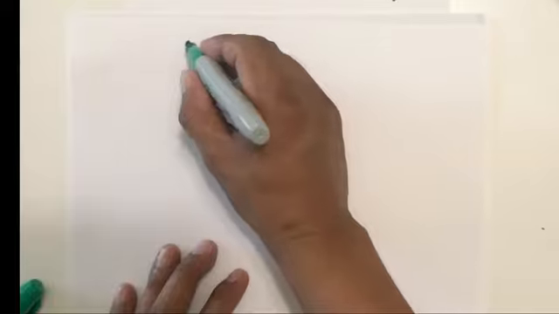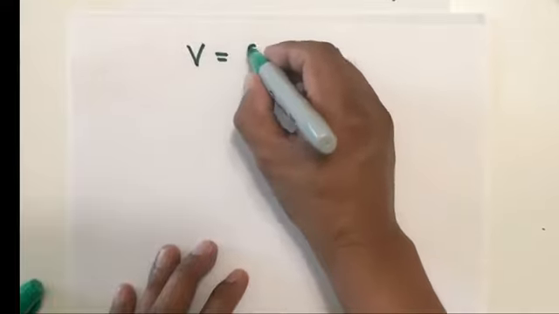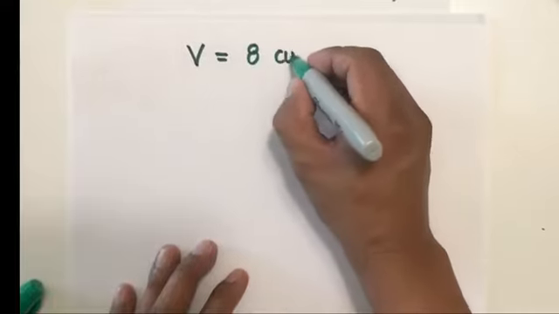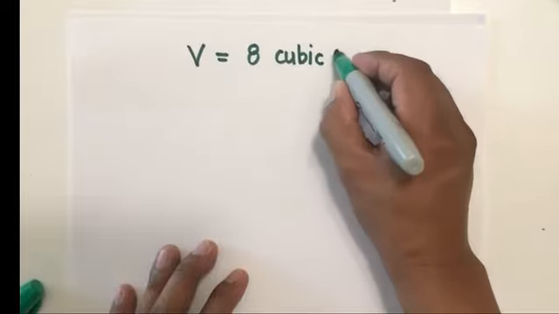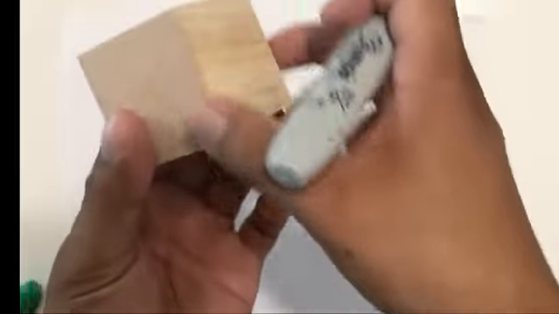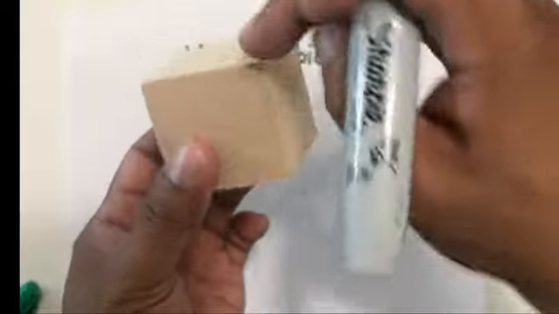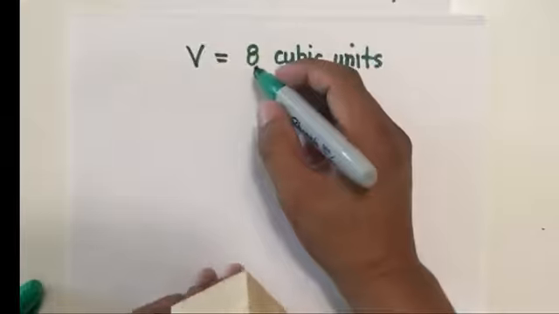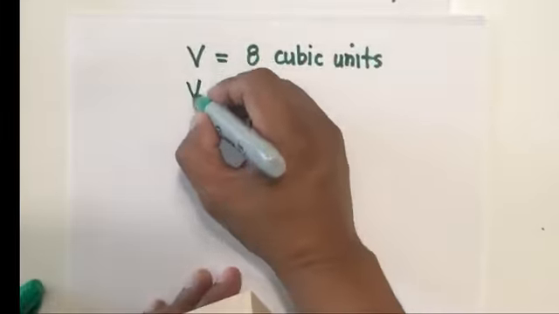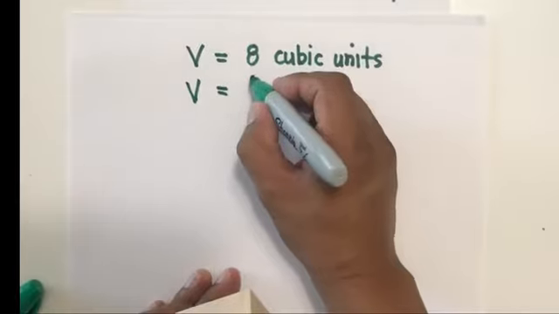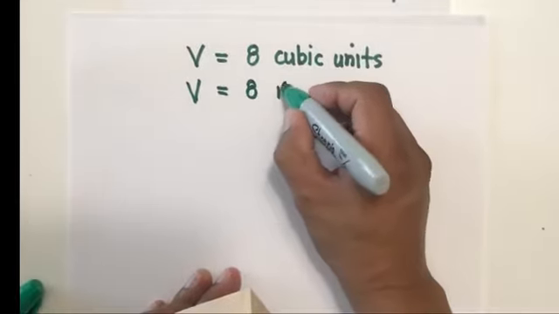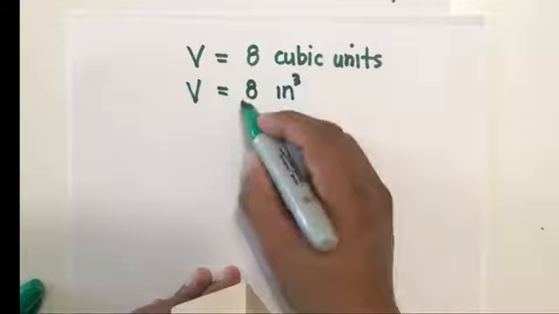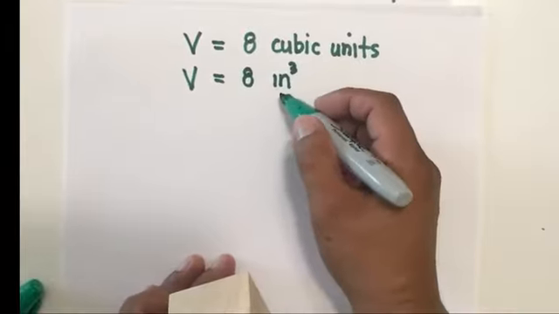The volume of the box is 8 cubic units. Since the dimension of this cube is 1 inch by 1 inch by 1 inch, we say that the volume of that particular box is 8 cubic inches, or 8 inches cube.